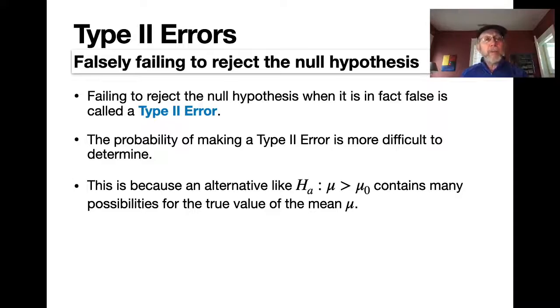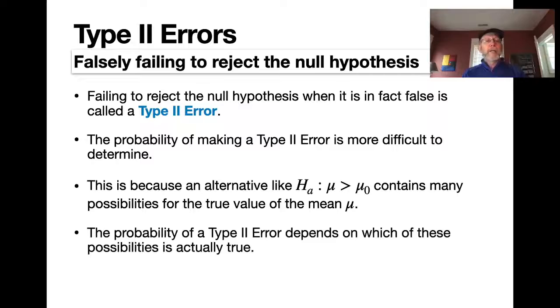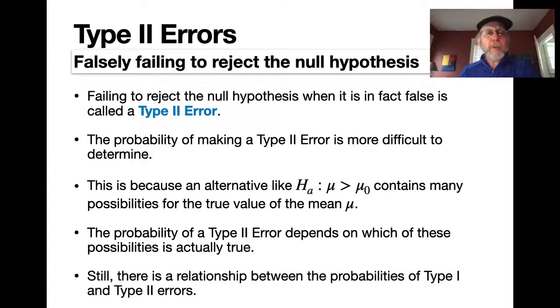And you can't really compute the probability of a type 2 error until you know which of those possibilities is actually true. So this makes computing the probability of a type 2 error more difficult. But still, there's a relationship between the probabilities of type 1 and type 2 errors that we can see pretty easily.